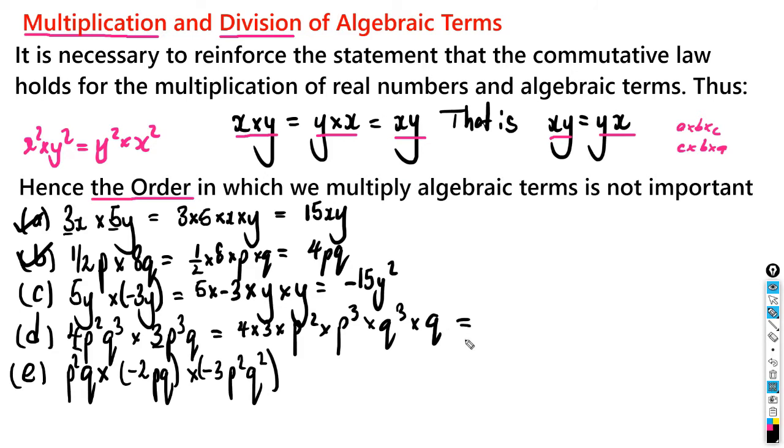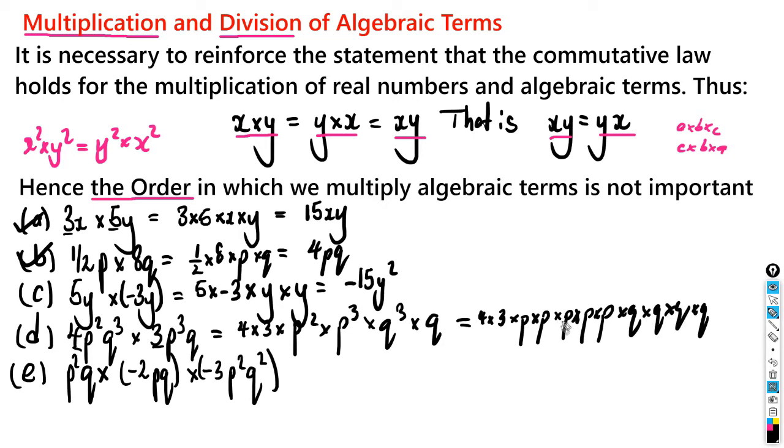In this case, what we're going to do is write them all out. 4 multiplied by 3 multiplied by p multiplied by p, which is p squared, and multiplied by p multiplied by p multiplied by p, which is p to the 3, multiplied by q multiplied by q multiplied by q, which is q to the 3, multiplied by q.